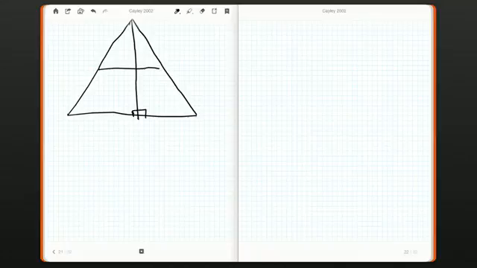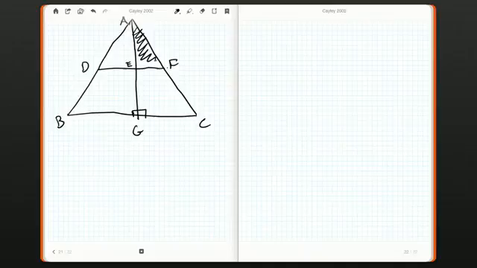And we have midpoints that we connect up.